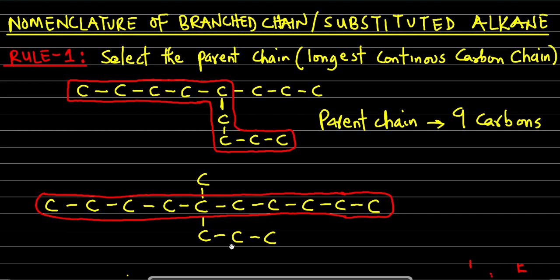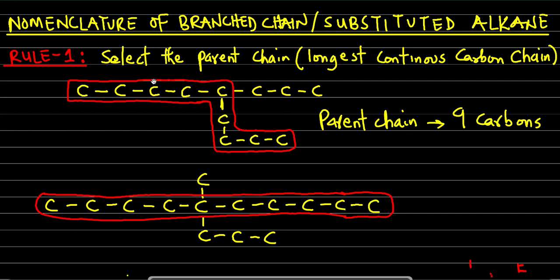Rule number 1 says that you should select the longest chain, which is the parent chain. Anytime you're asked to give a name of a compound, the very first thing you need to do is to identify the parent chain. The parent chain is the longest continuous chain. Longest continuous simply means it has more carbon atoms and it continues.